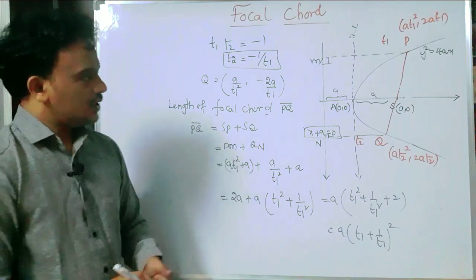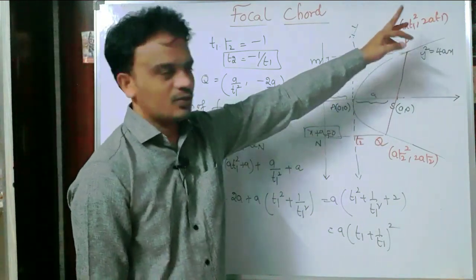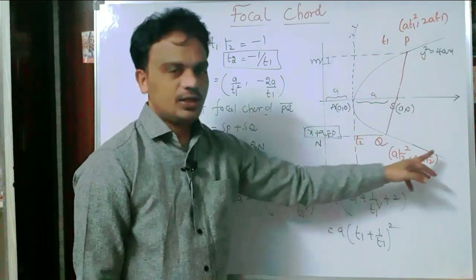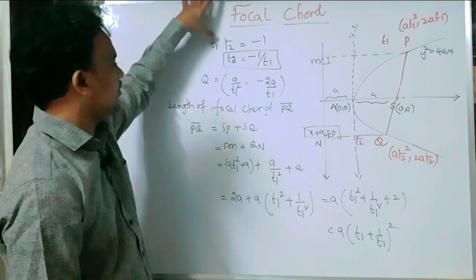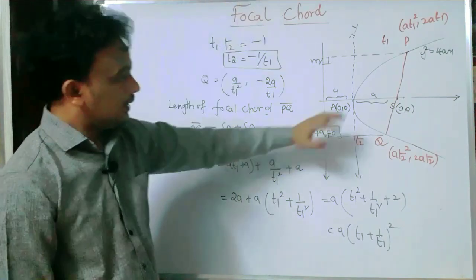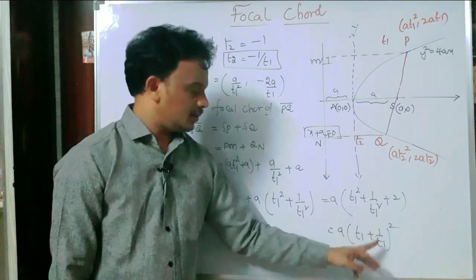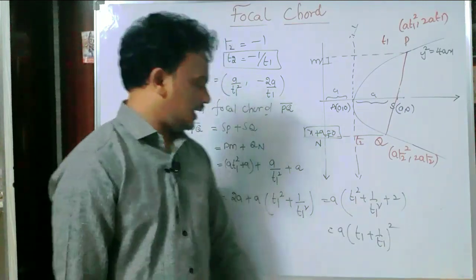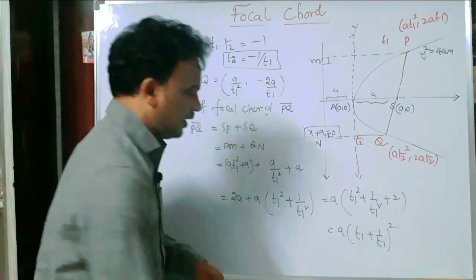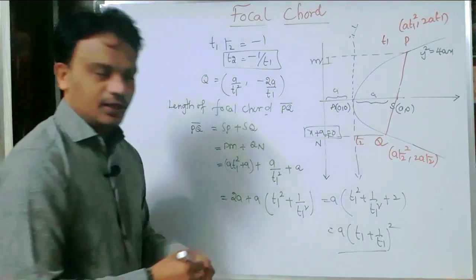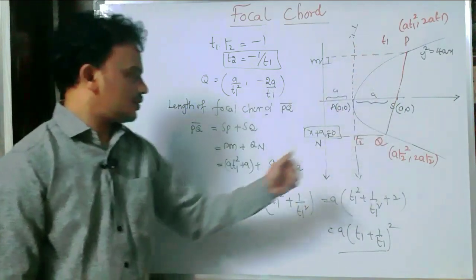So the length of the focal chord whose ends are a T1 square, 2a T1 and a T2 square, 2a T2, with T2 in terms of T1 by using our relation T1 T2 equals -1, is a of T1 plus 1 by T1 whole square, or simply a of T plus 1 by T whole square. Very important: this is the length of the focal chord drawn at the point T. Students, make a note.